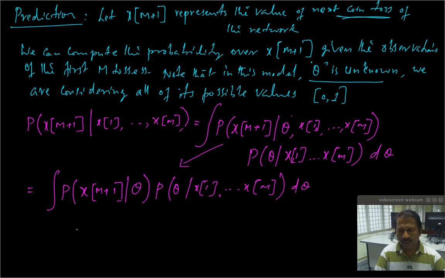So we are integrating over all theta. So we are going to integrate the posterior over theta to predict the probability of heads for the next toss. So let me write this as a statement.